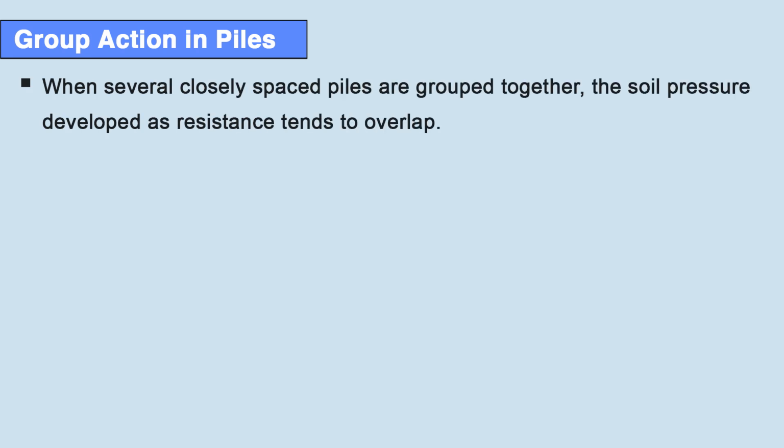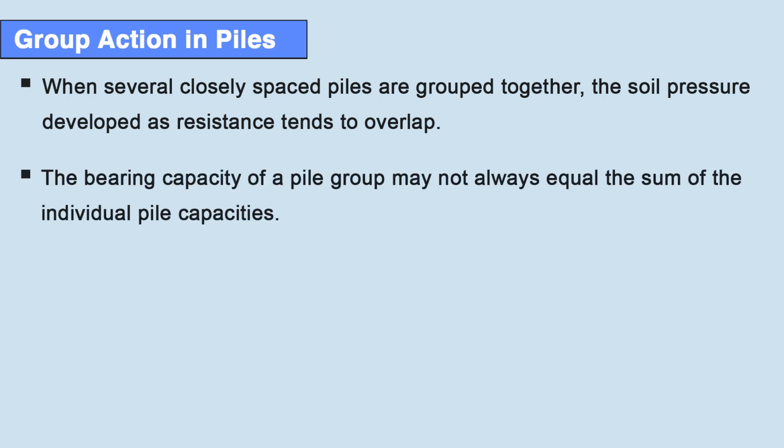Then the next is group action in piles. When several closely spaced piles are grouped together, the soil pressure developed as resistance tends to overlap. The bearing capacity of a pile group may not always equal the sum of the individual pile capacities.